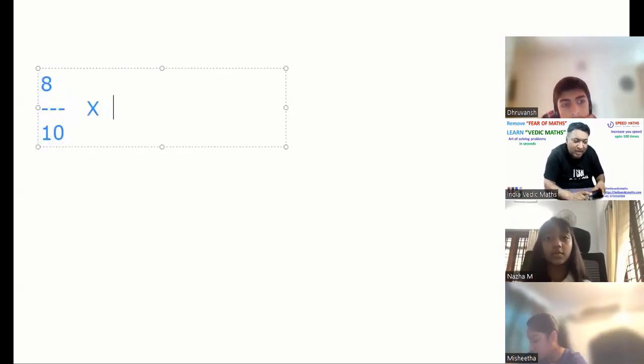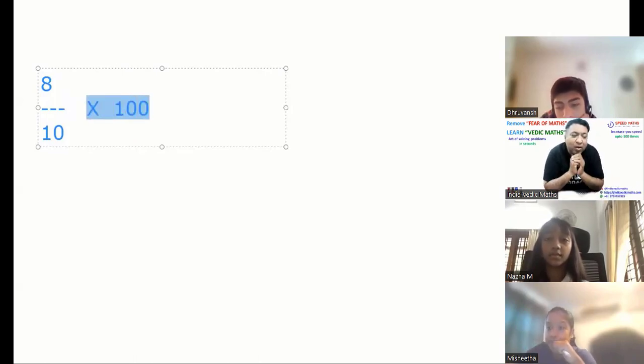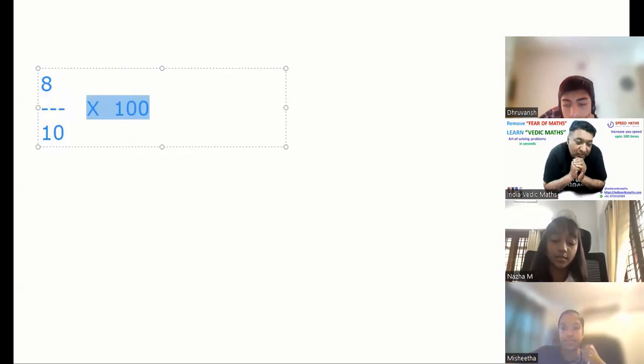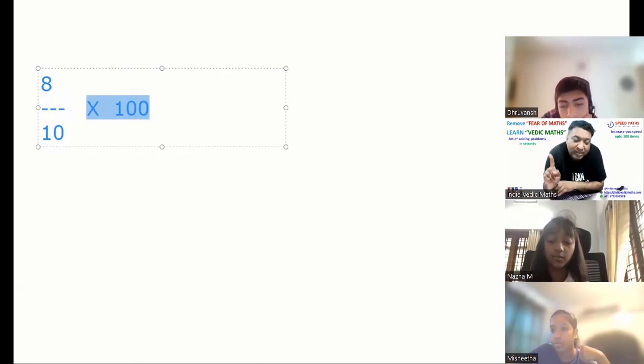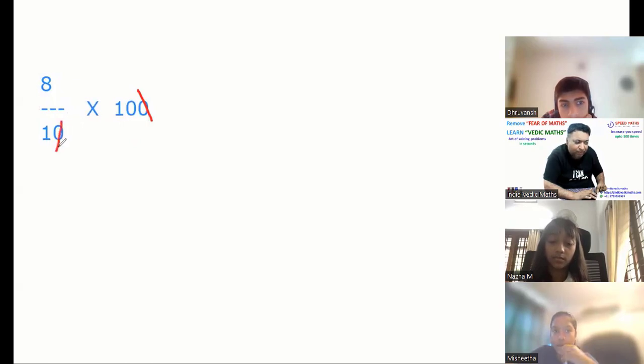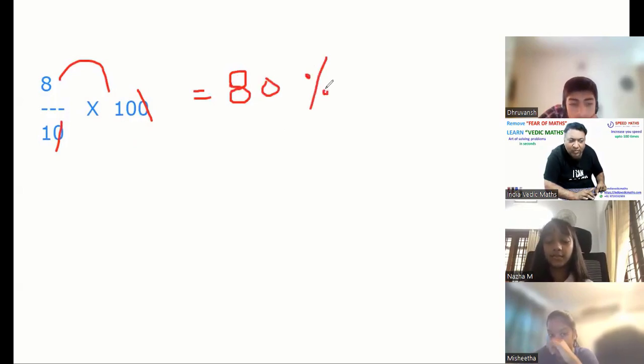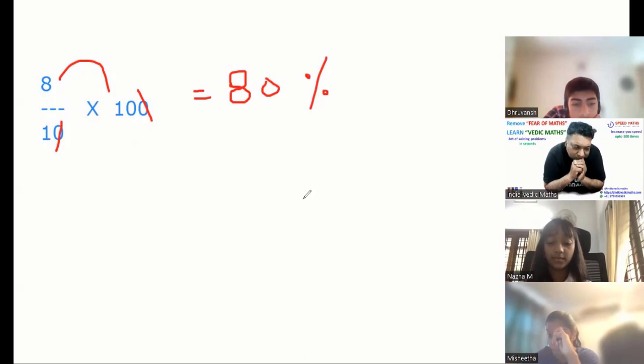Mishita will say, sir, just multiply. Any number, whether it's a decimal or fraction or integer, if you want to convert into percentage, times by 100. So we'll do times by 100. Again, let's start the cancellation process. 0 with 0. What is remaining? On top, 8, times 8 over 10. So Mishita will say, sir, 80% is what people loved me. Correct? That's it.